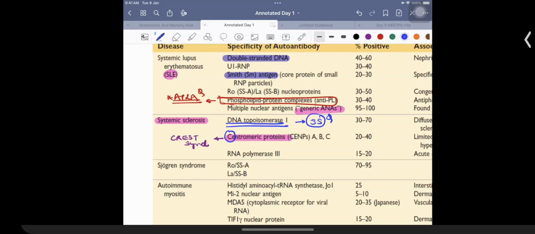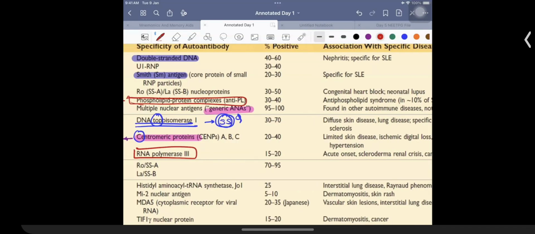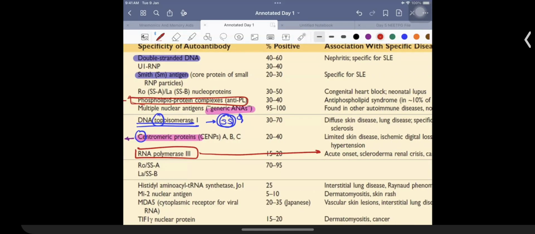So centromeric is CREST syndrome. Total organ involvement is diffuse scleroderma, that is systemic sclerosis. Remember, if a patient has systemic sclerosis and a high chance of kidney failure or acute onset of scleroderma crisis, this is indicated by anti-RNA polymerase antibody. Acute onset scleroderma renal crisis.